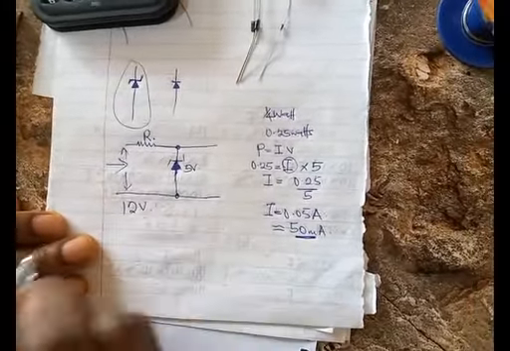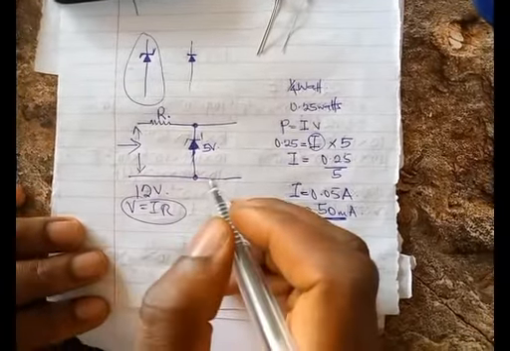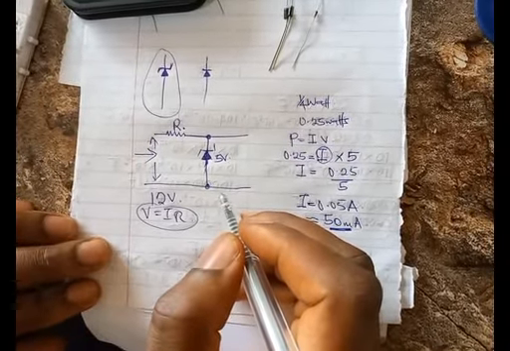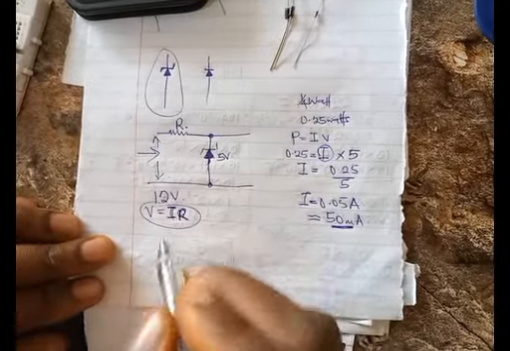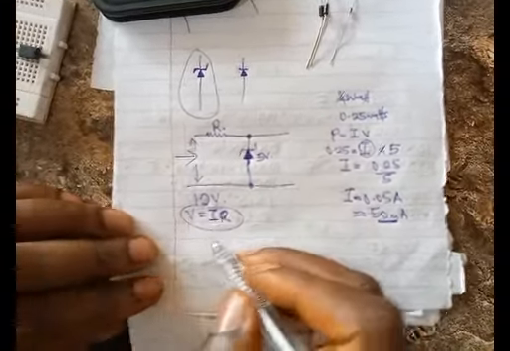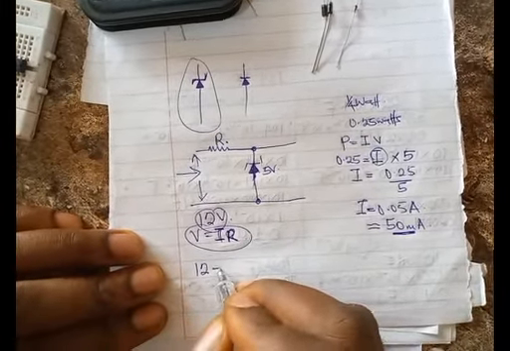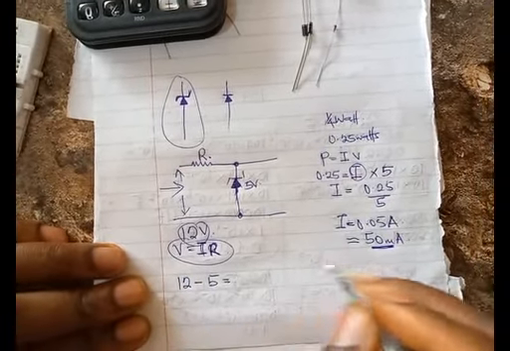So we know that V is IR, a very beautiful formula. This is Ohm's law. Okay. So V equal to IR. Now we take 12, minus the Zener voltage 5, is equal to the current.